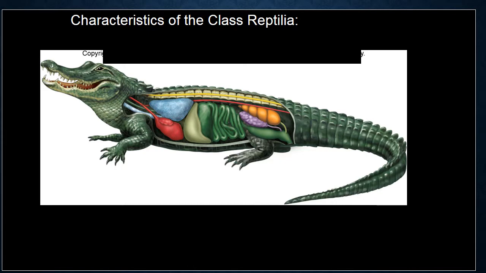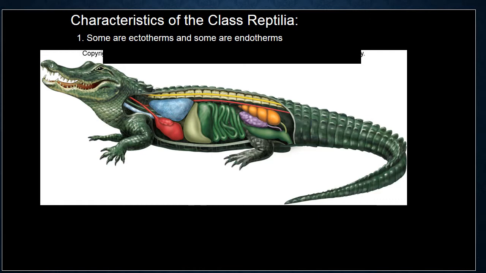So let's talk about the characteristics of this class, and I specifically picked our alligator just because they're large, easy to see the various features. So in order to be in the class Reptilia, first, knowing that this class involves endotherms and ectotherms.